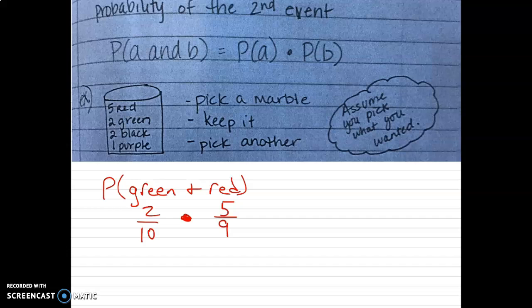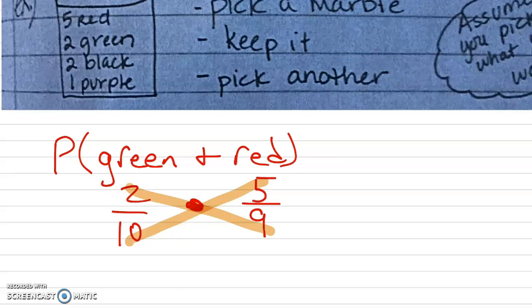So let's look at cross-simplifying again. 2 and 9 do not have anything in common. 2 does not fit into 9. 5 and 10, they're both divisible by 5. 5 divided by 5 is 1, and 10 divided by 5 is 2.